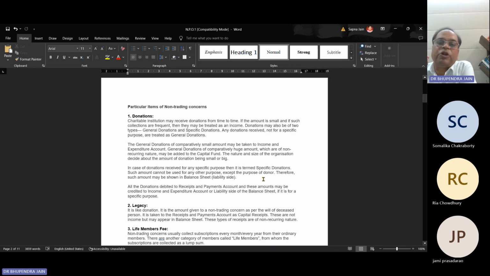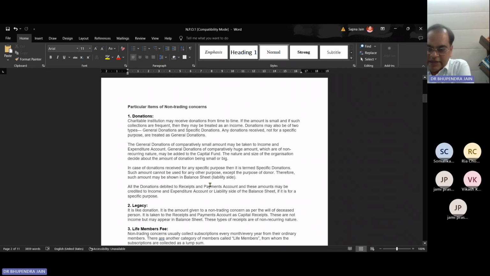For example, if a donor donated the amount for the construction of a building, then the society, firm or club cannot use such amount other than for the construction of the building. Therefore, such amount is shown on the liability side of the balance sheet because this is a liability.